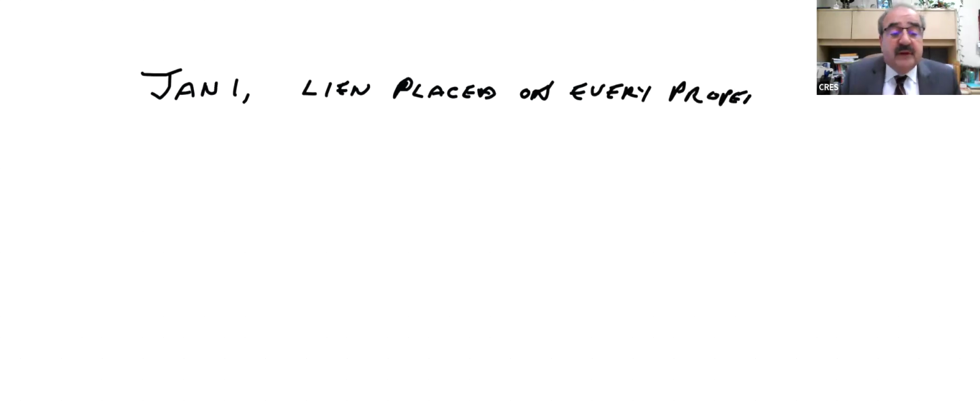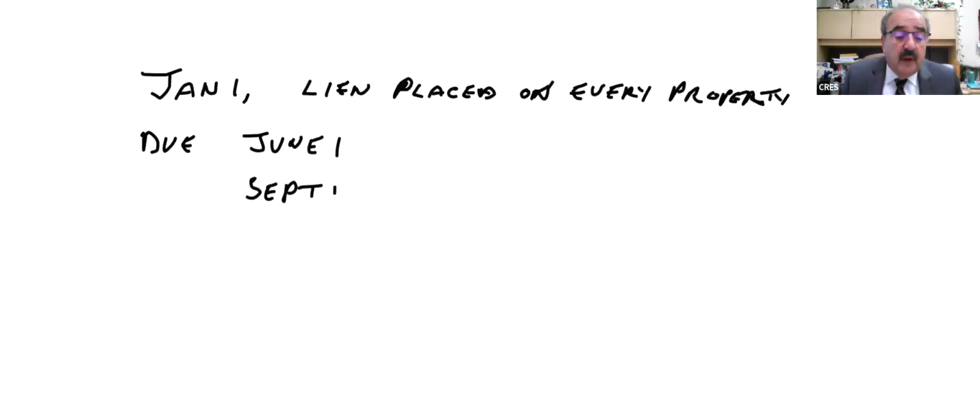Now, property taxes are due in 2 equal installments. Property taxes are due a year after they are levied, June 1st and September 1st of the following year. So, let's say, for example, you close on a property.